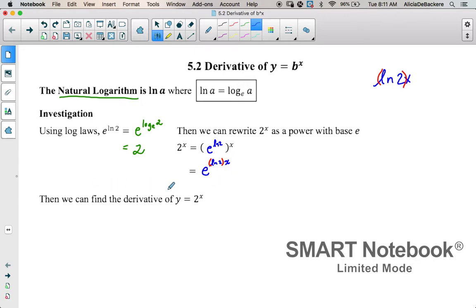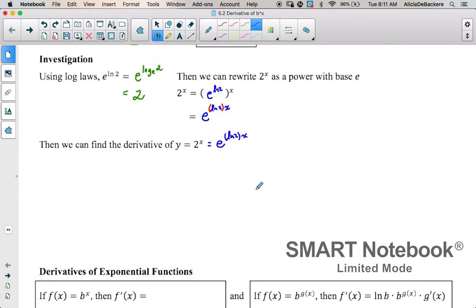All right, so we can find the derivative then of y equals 2 to the x. Y equals 2 to the x, we just said 2 to the x is the same as e to the ln 2 times x. And then I can take the derivative of this, because from yesterday I know how to take the derivative of a base e exponential.